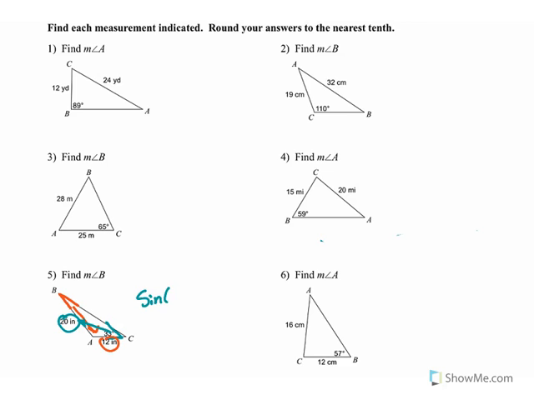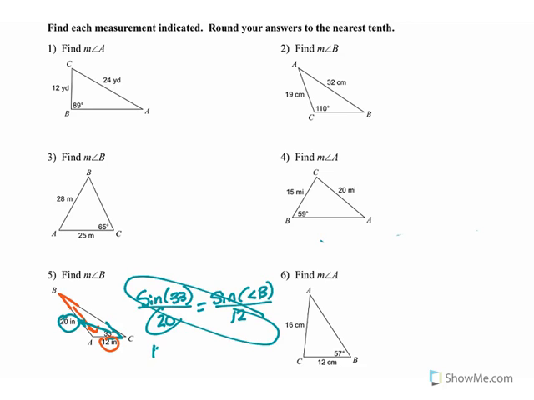So you guys should have the sine of 33 degrees over 20 equals the sine of angle B over 12. When you do that, you should multiply diagonally and then divide. So you get 12 times the sine of 33 over 20.